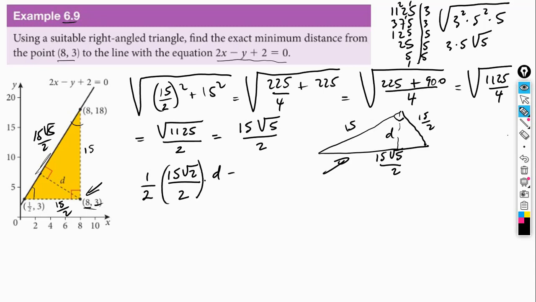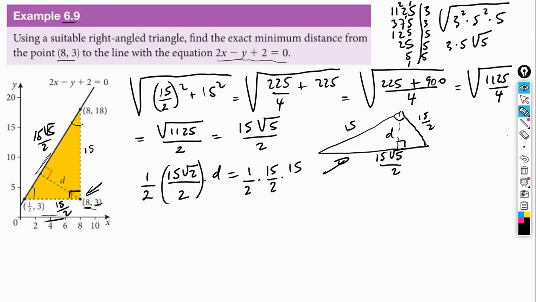And the height here is D. That would equal, and that's by grabbing this as the base now, 1/2 times 15 halves times 15, which is a height. And it is a height because this is a right angle. Just like D is a height here because this is also a right angle, right? It's perpendicular to the base.